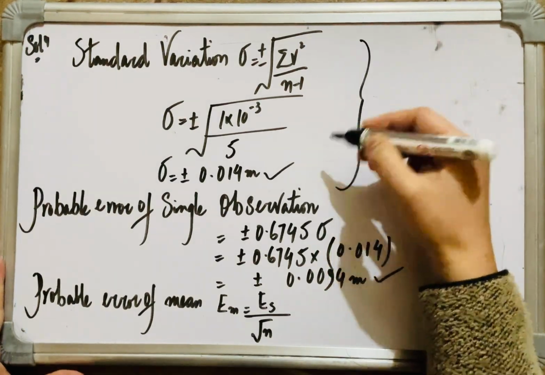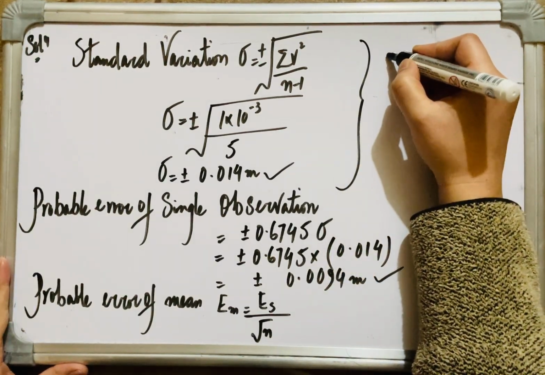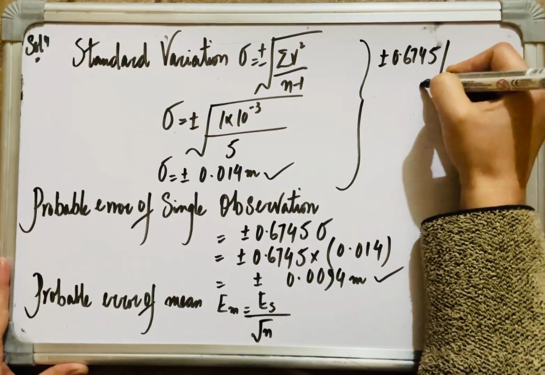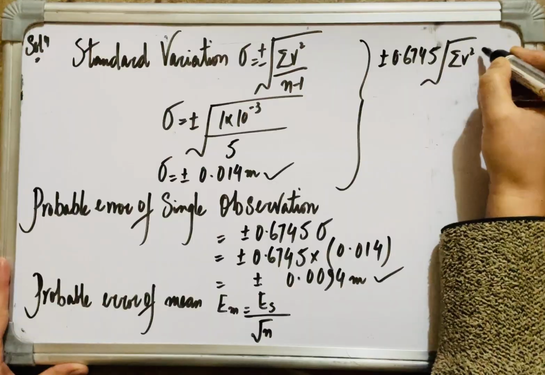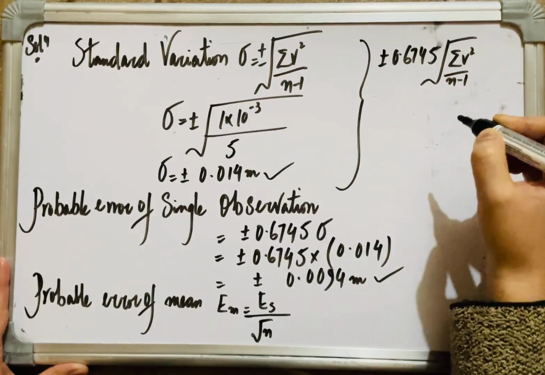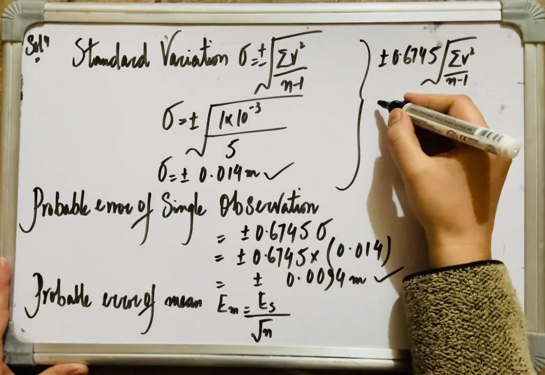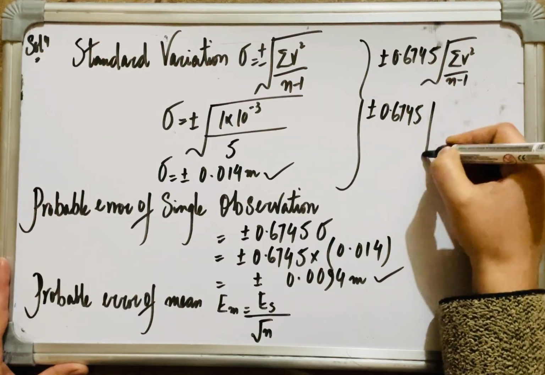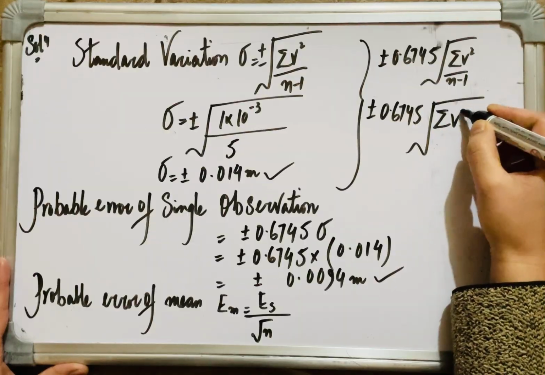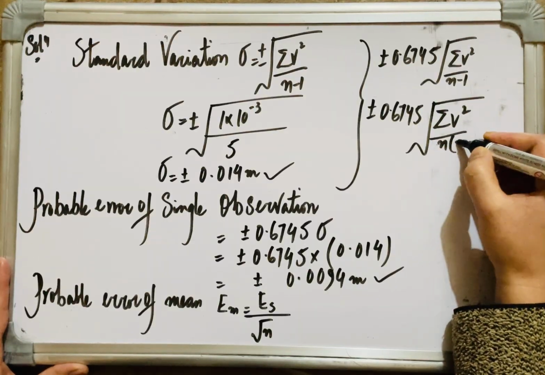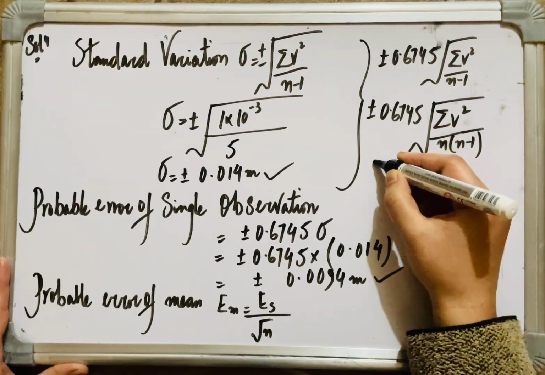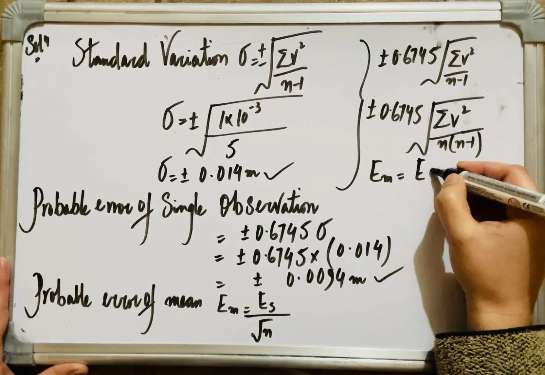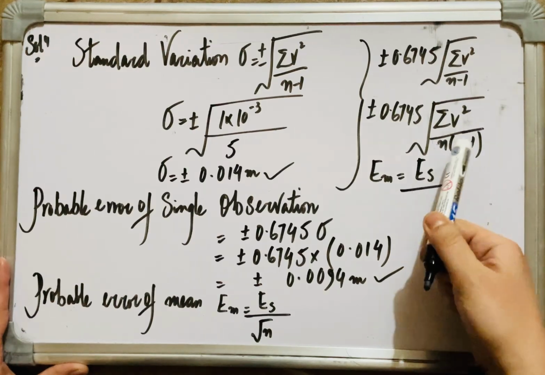Because we know that the probable error of the single observation is plus minus 0.6745 times the square root of summation of v squared divided by n minus 1, while the probable error of the mean is given by plus minus 0.6745 multiplied by the square root of summation of v squared divided by n into n minus 1. So the probable error of the mean is equal to the probable error of the single observation divided by the square root of n.